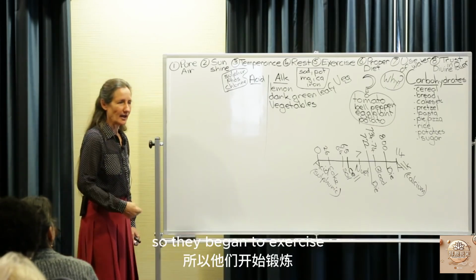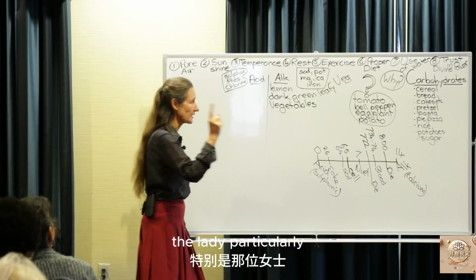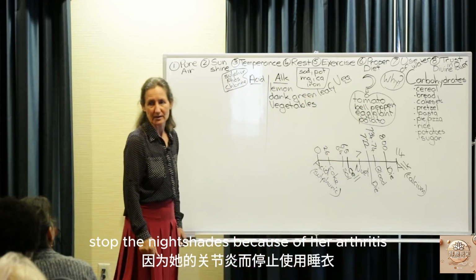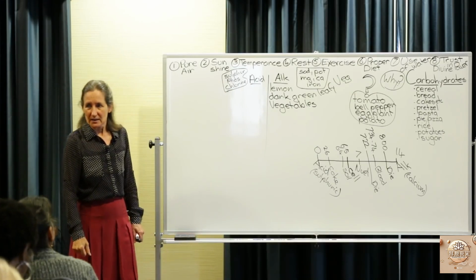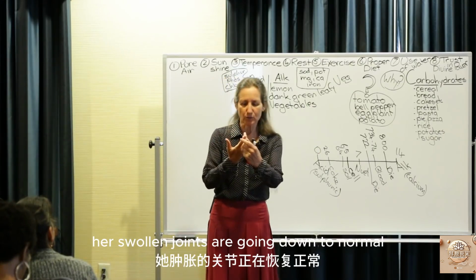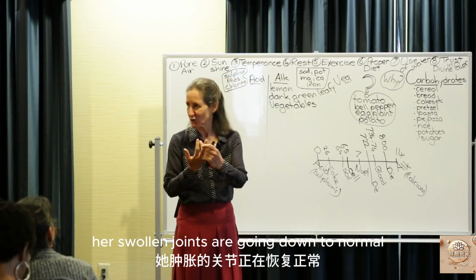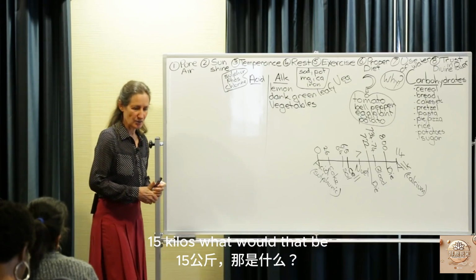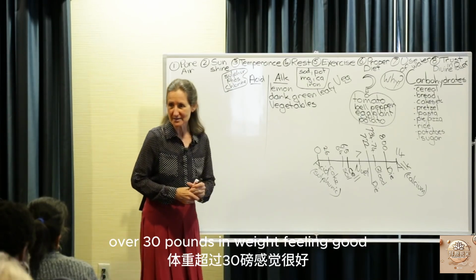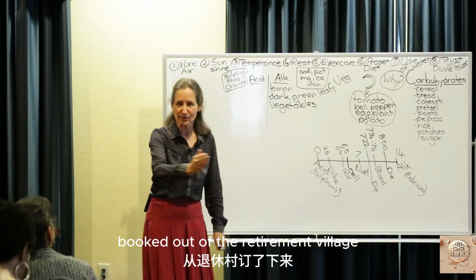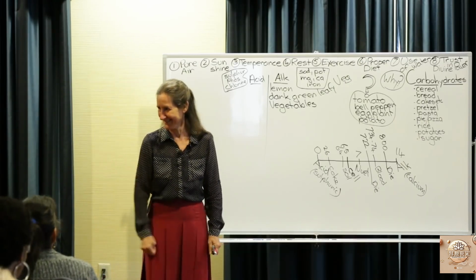So they began to exercise. The lady particularly stopped the nightshades because of her arthritis. 6 months later, she's totally pain-free. Her swollen joints are going down to normal. They've both lost 15 kilos. What would that be? Over 30 pounds in weight. Feeling good. Booked out of the retirement village.